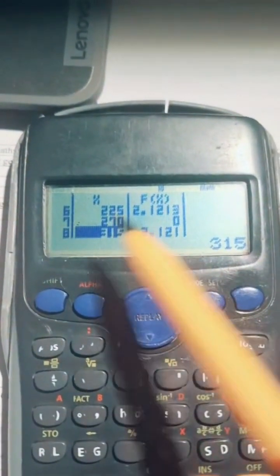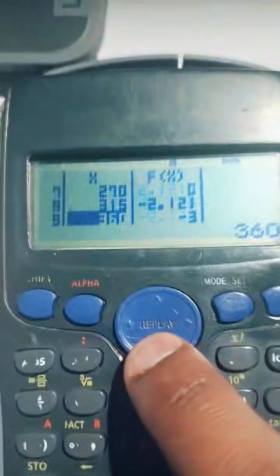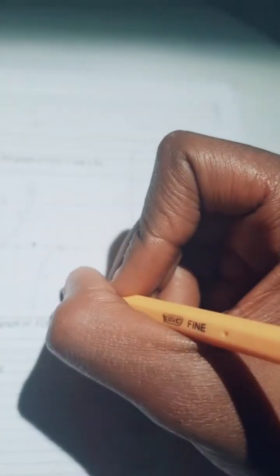Going down, x is 315. The corresponding y value is negative 2.121. And then lastly, when x is 360, we've got a y value which is negative 3.